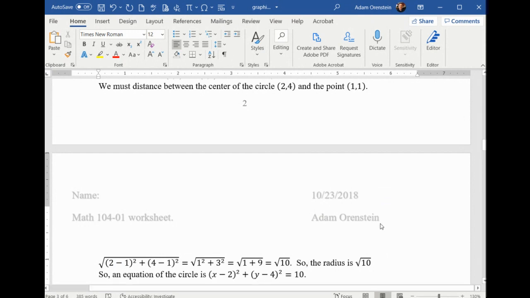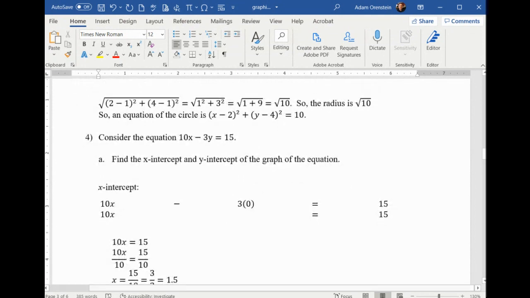All right. Are there any questions on that? All right, let's keep going then. So now we have this equation, 10x minus 3y equals 15.